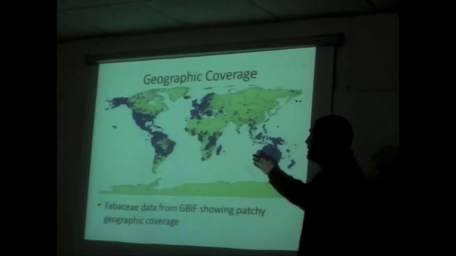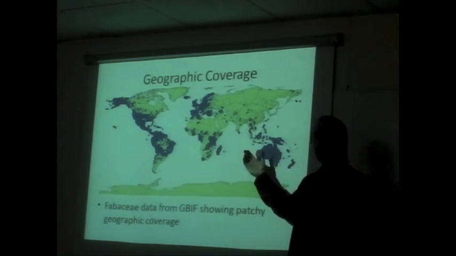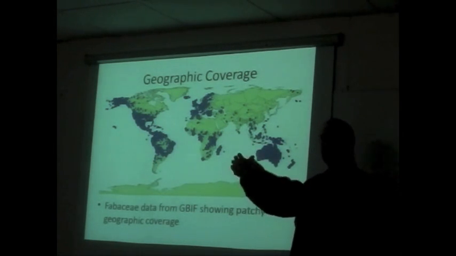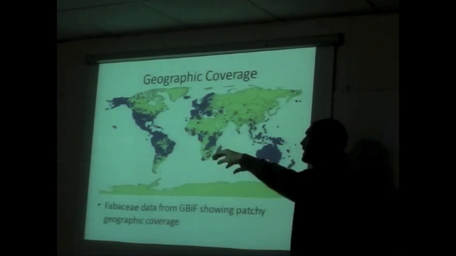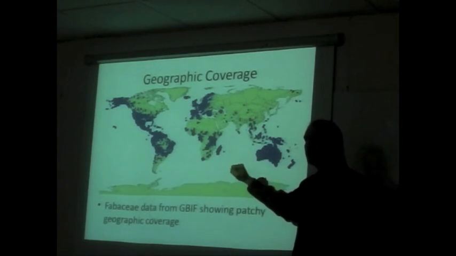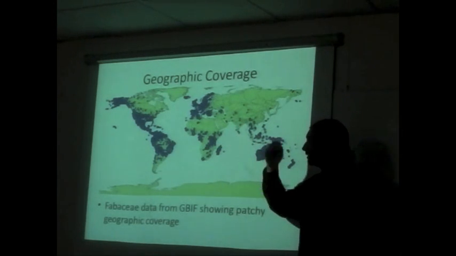What we did is we had a very good database for legumes called ILDIS. And we used the names to collect all of the records from GBIF that have geographic locations for legumes.